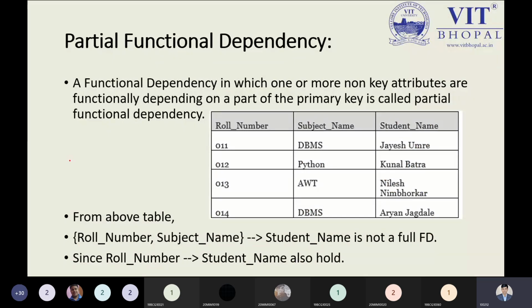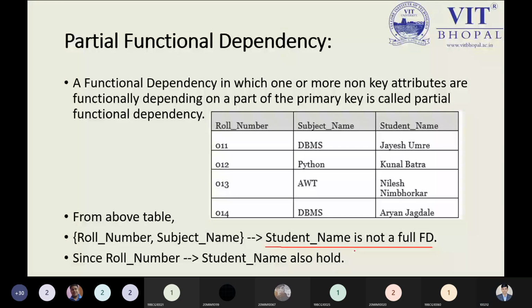So partial functional dependency, as I told you while studying the important terms, trivial or multi-valued, we have discussed. From this perspective, you can see the roll number and subject name. Here the student name is not a full functional dependency.